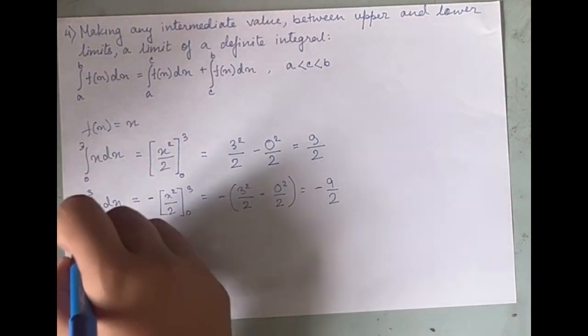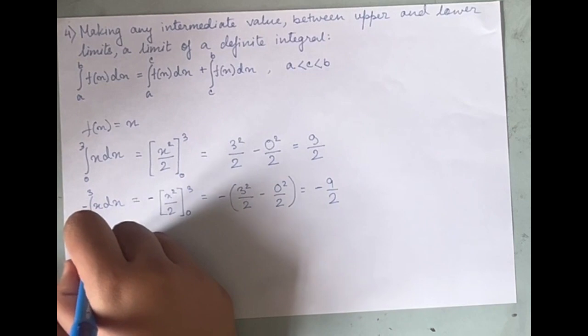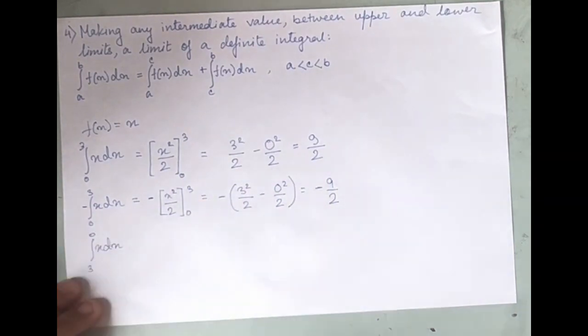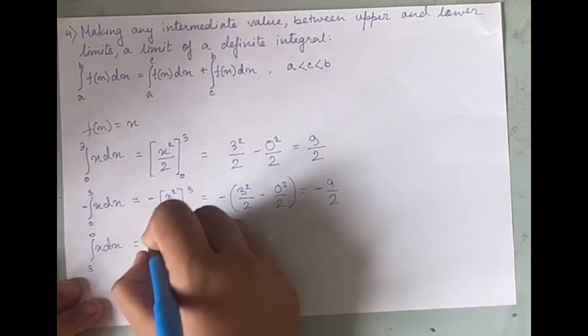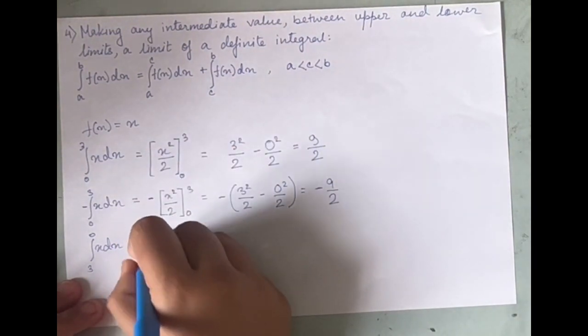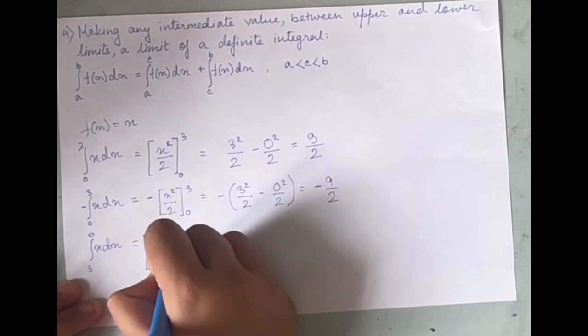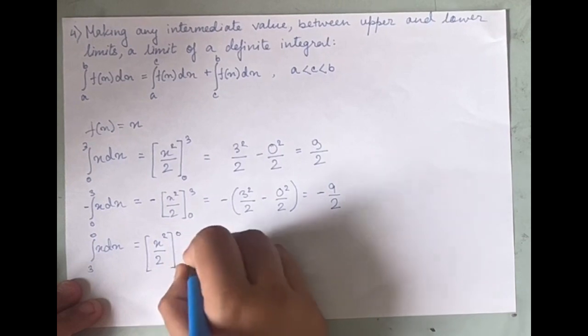Now I will find the integration of 3 to 0 of x dx. The answer would be the same thing, x square by 2, but the limits would change. Here it will be 0, here it will be 3.